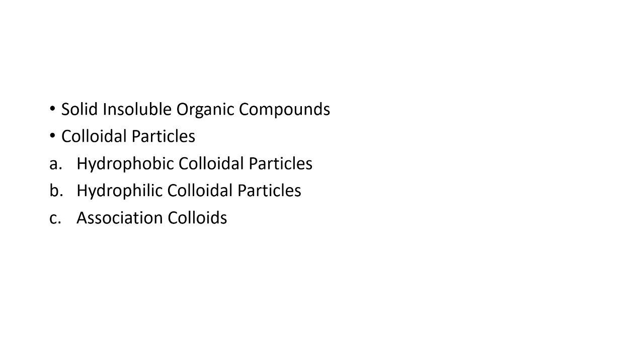For these micelles, take the example of a soap molecule. In soap, what is there? A long chain fatty acid. The COOH group is polar, but the R group of the acid is a very long chain, so that forms the non-polar part. So when they get dissolved in water, what happens?